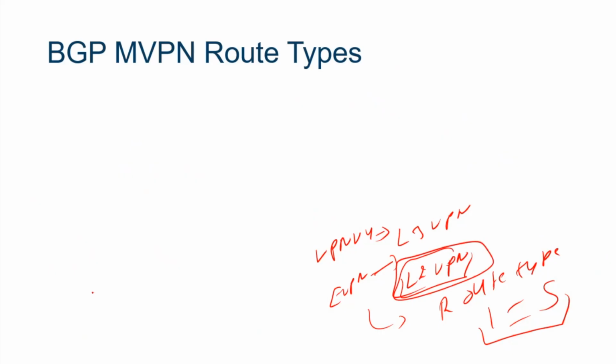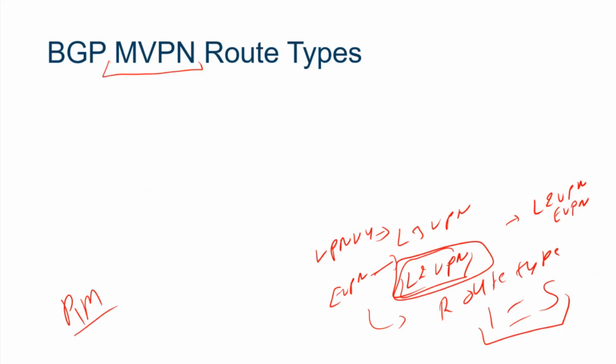Now what are we asking of PIM? PIM functionality, multicast functionality. How many route types are there for this? Before I get into this, this is your L2 VPN, EVPN address family. And this, by now you might have guessed, is only the MVPN address family.